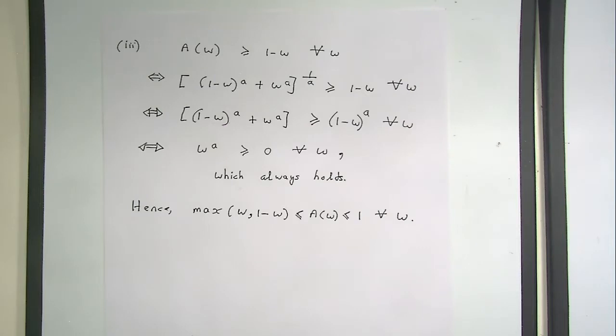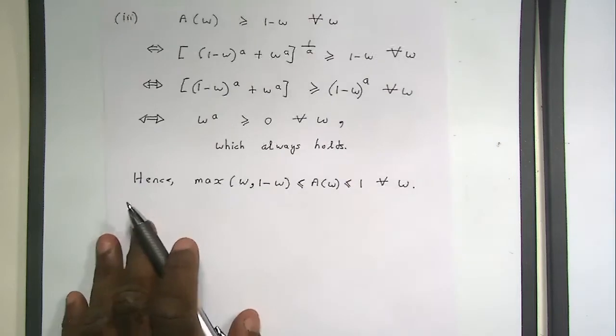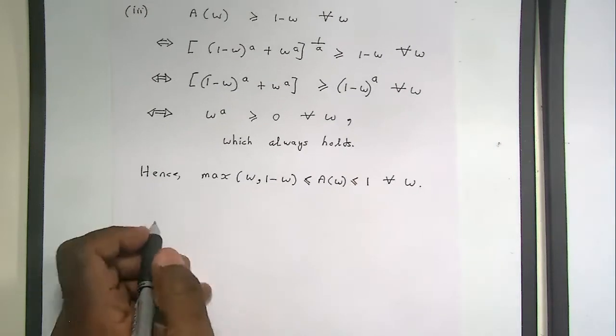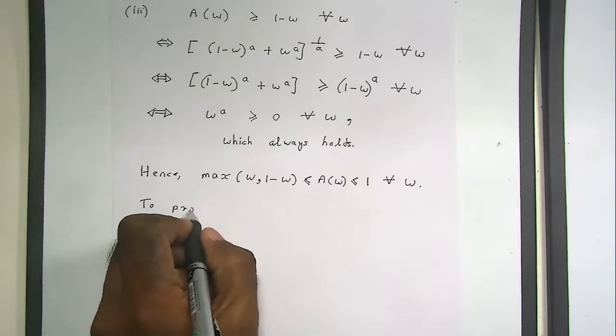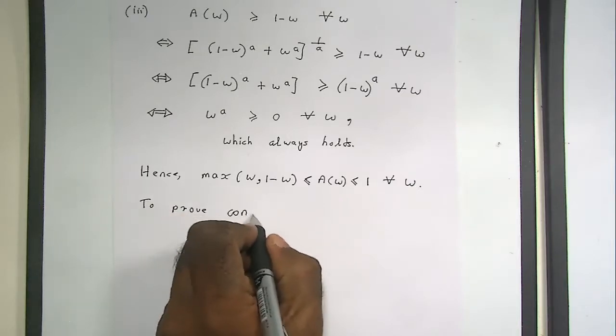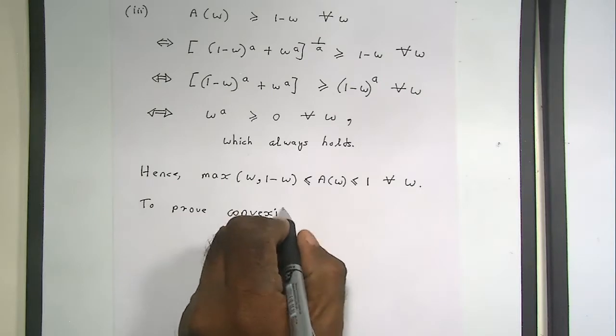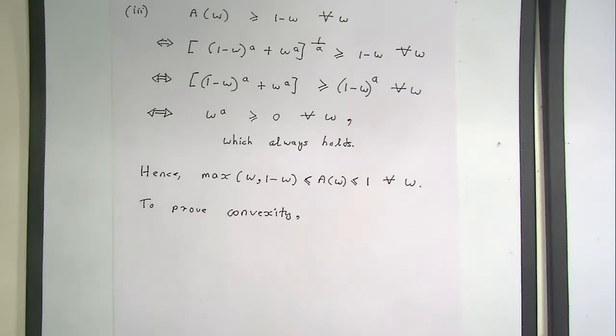So the only thing that we haven't done is to prove the last condition, which is that A is a convex function. Now how do you show that something is convex? Take the second derivative. So to prove convexity, we need to take the second order derivative.